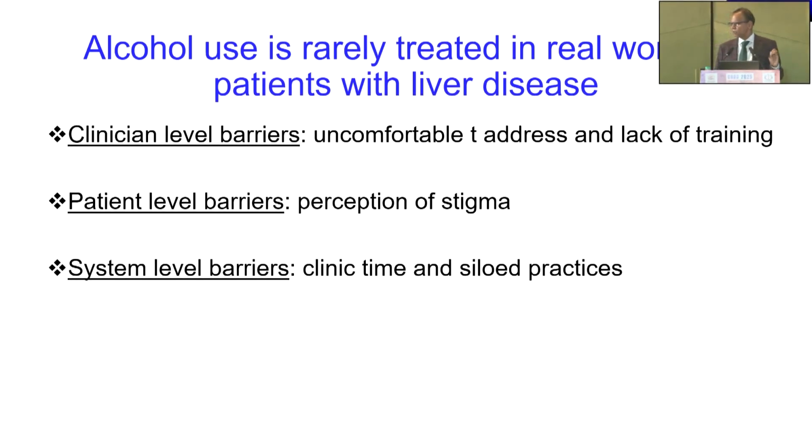And then the system level barriers, which is how much time we have to see patients. We are seeing patients in one building, and addiction people are seeing patients in another building, and the patient doesn't want to go to that addiction center. So those are some of the other barriers. I don't want to go into those details, but the video, if I have time to show you, will go over some of these issues and how to overcome some of these.